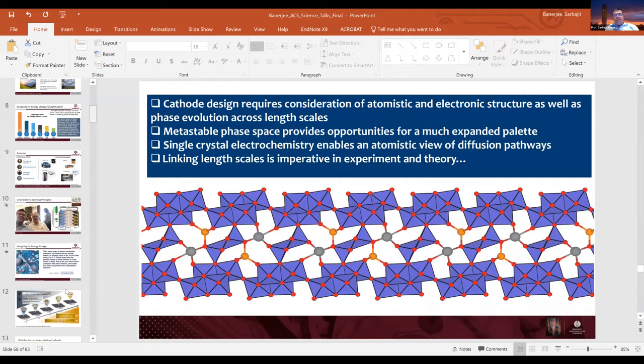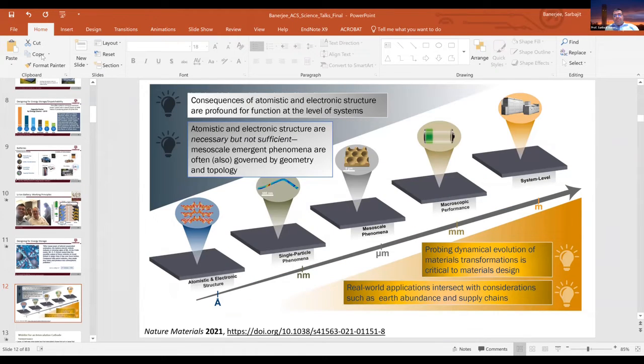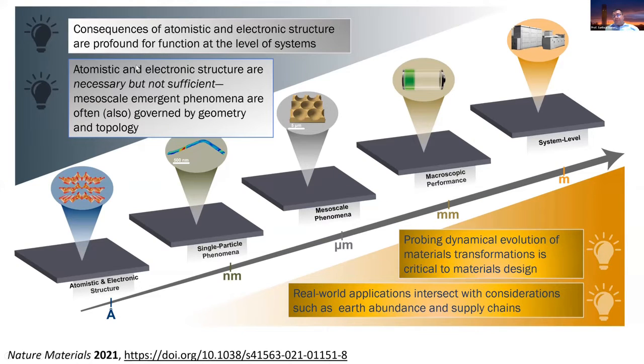So cathode design really has to happen across multiple length scales, right? The atomistic and electronic structure gives you a necessary set of properties in terms of redox properties and such, but not sufficient. The actual manufacturing of the cathode is tremendously important, and that's what I alluded to in terms of these mesoscale phenomena that are emergent as a result of particle geometry and packing.